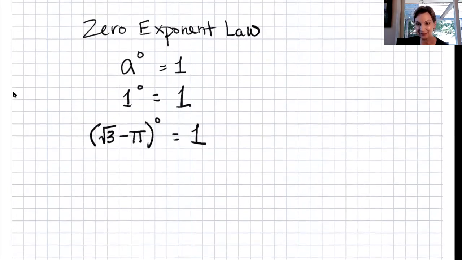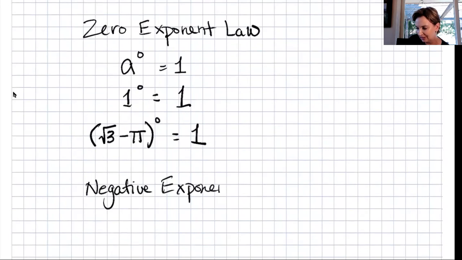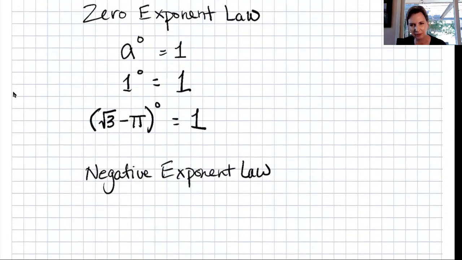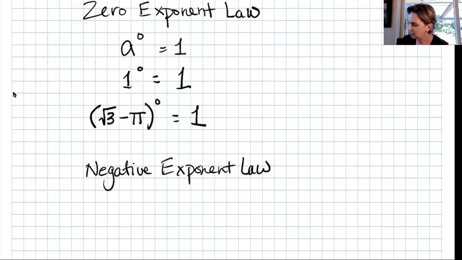Our next law is going to be the negative exponent law. You should already be familiar with these laws. We're just kind of reviewing for right now. So the negative exponent law is, for any base number to a negative exponent, you just take that base number and the exponent, move it to the other side of the fraction, and make that exponent positive instead of negative.